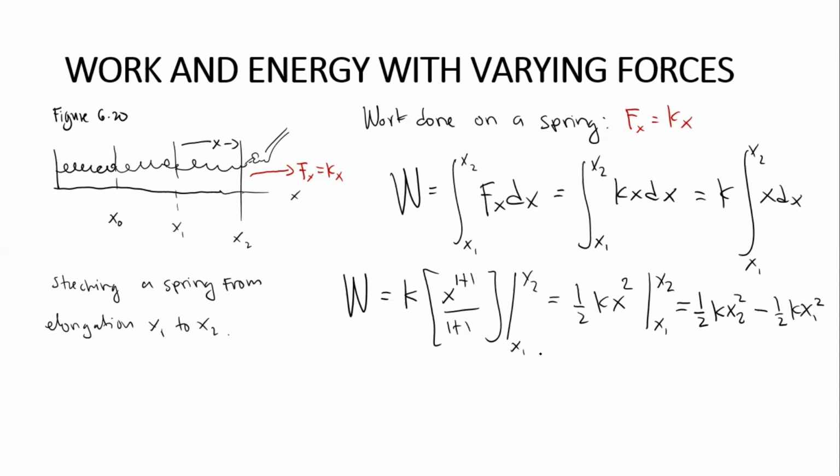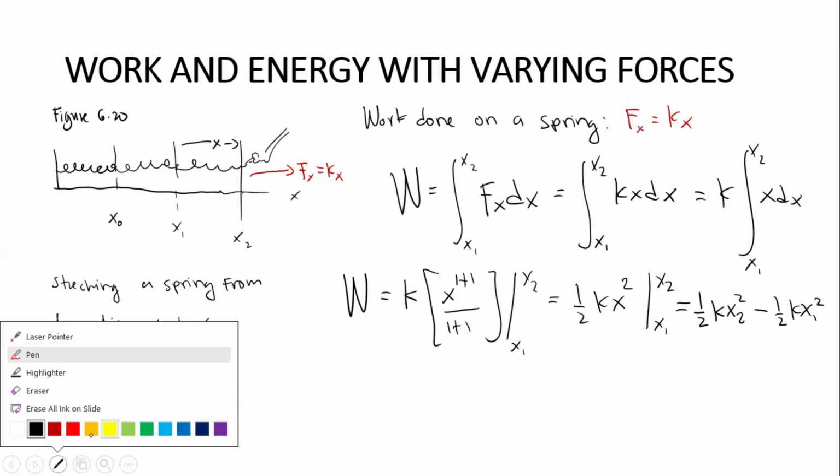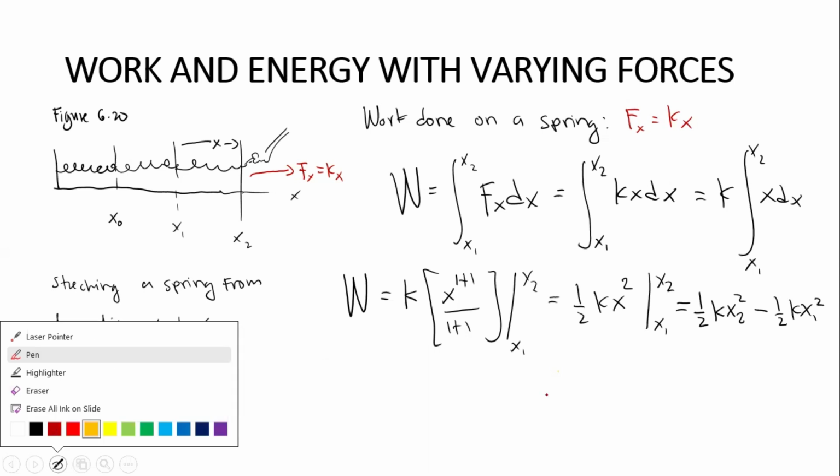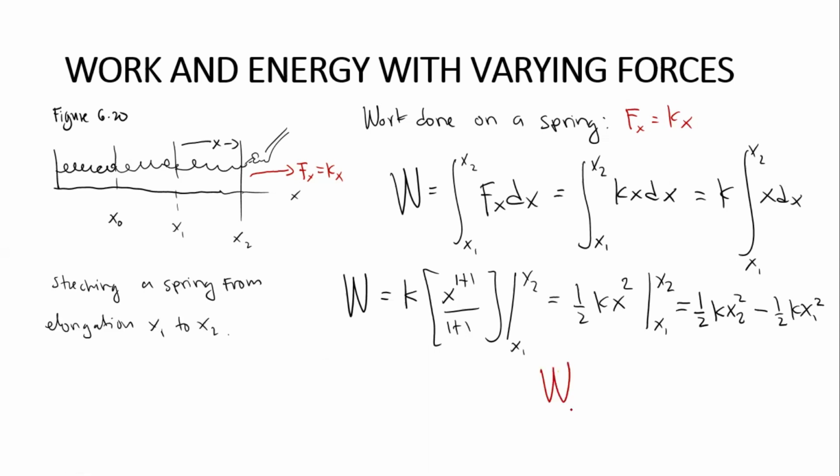Therefore, the work done on a spring is just equal to 1/2 k x2 squared minus 1/2 k x1 squared.